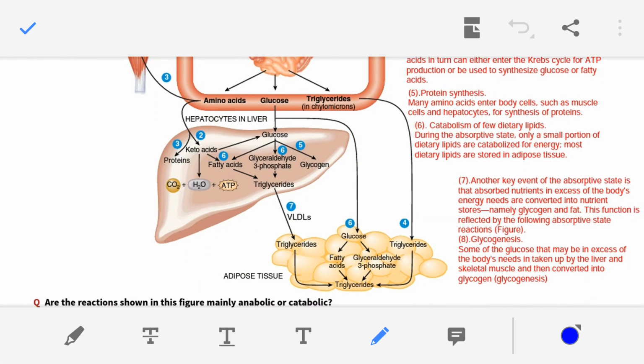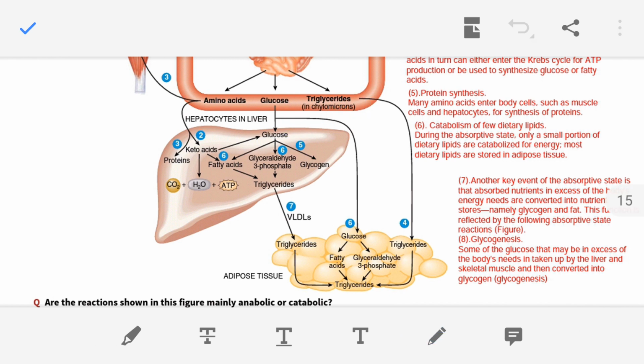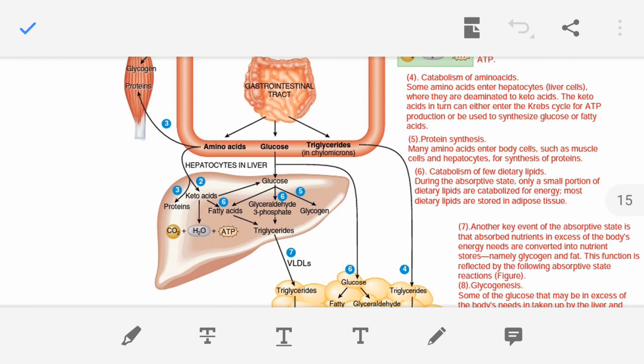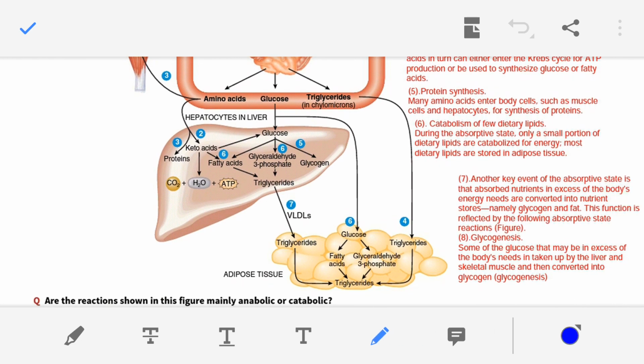So from the chylomicron, this is the blood vessel is shown. So in the blood, chylomicrons are there, and in the chylomicron we know there are the triglyceride. Now this triglyceride, they are stored in the adipose tissue. Triglycerides are stored in the adipose tissue.